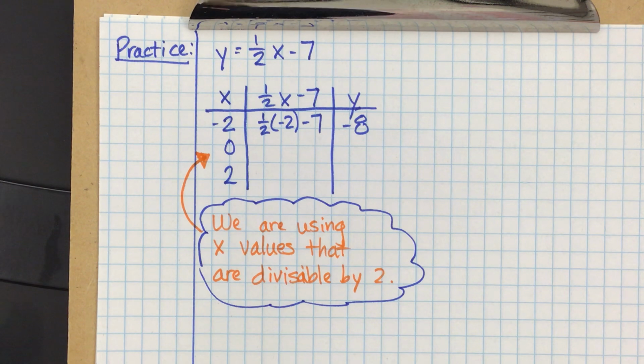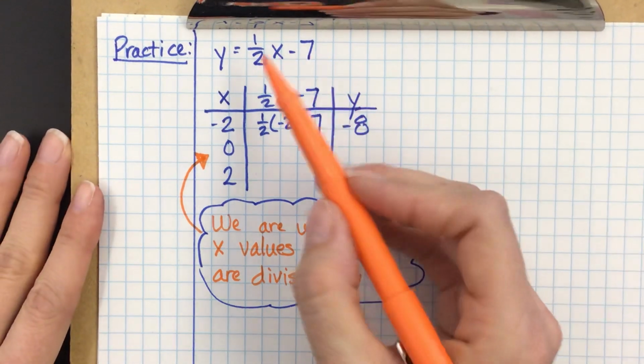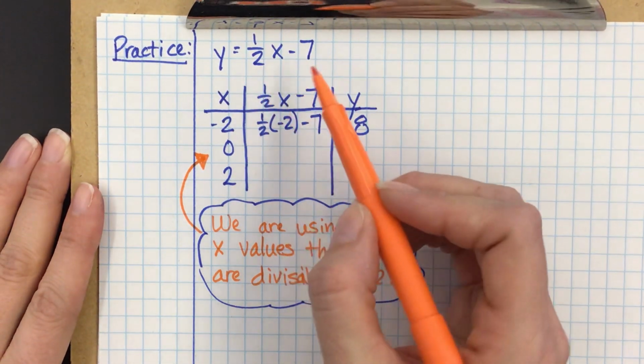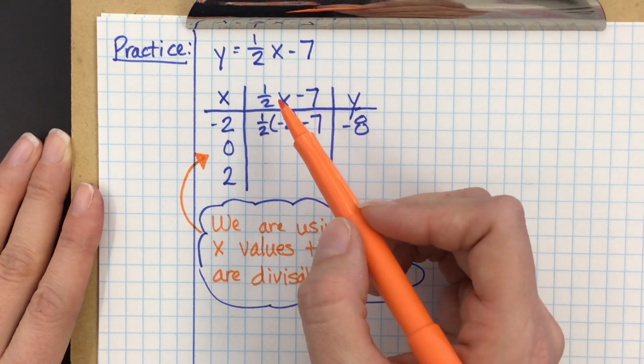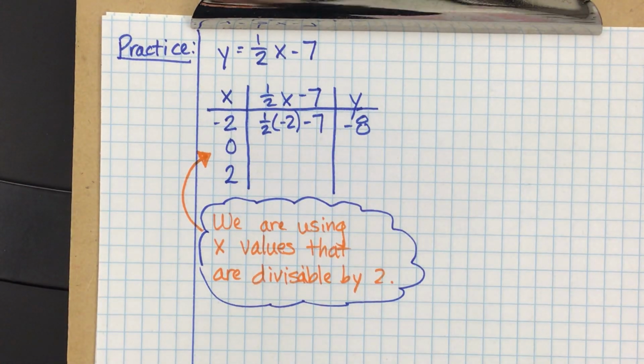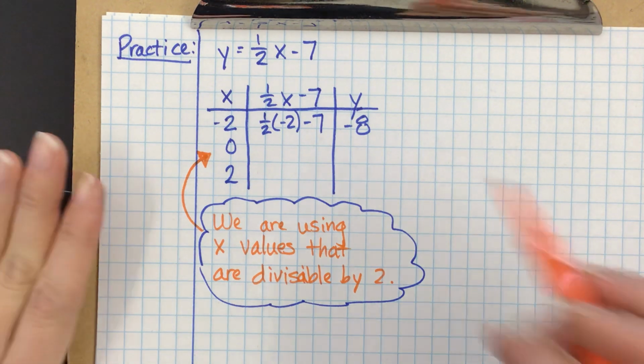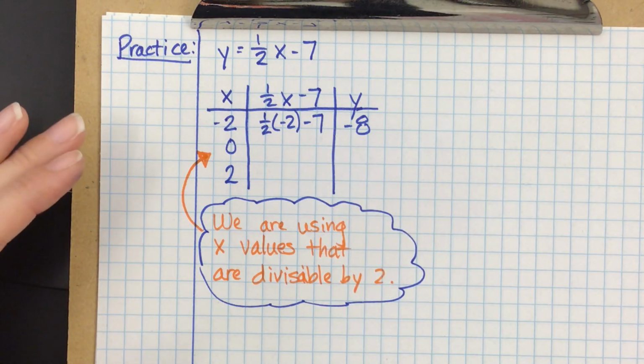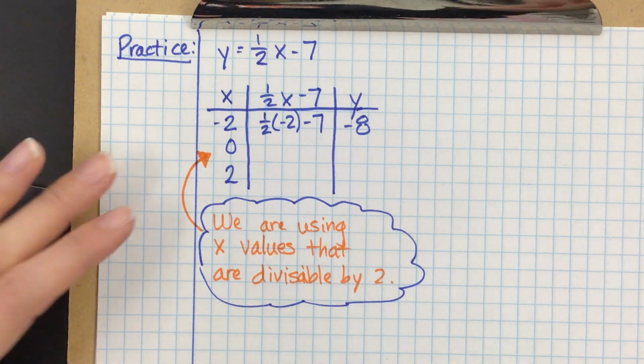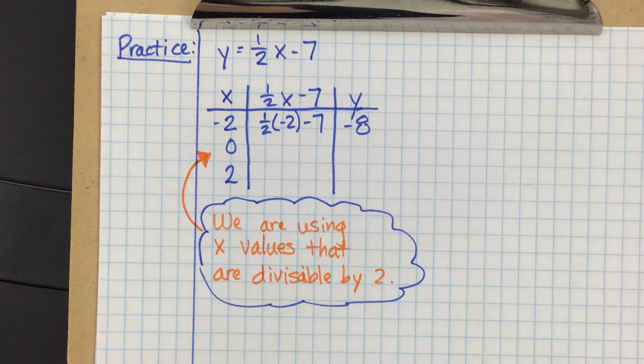You just would have been graphing fractions. But sometimes it's nice to give yourself a little break and just say, oh, I don't feel like graphing fractions today, and make them whole numbers by plugging in things that are divisible by 2 for x. And if this had been 1/3, you'd probably want to plug in -3, 0, and 3, because then they're divisible by 3. So it just depends on your equation what you choose for x. But really, always -1, 0, and 1 will work. It's just a matter of whether or not you want to graph fractions.